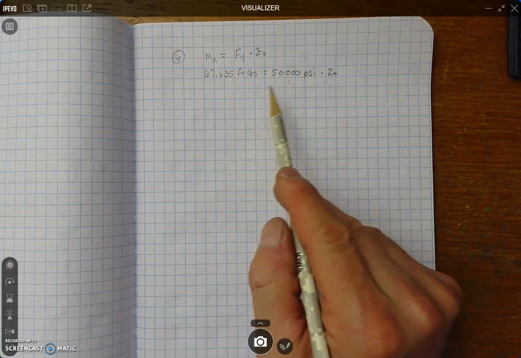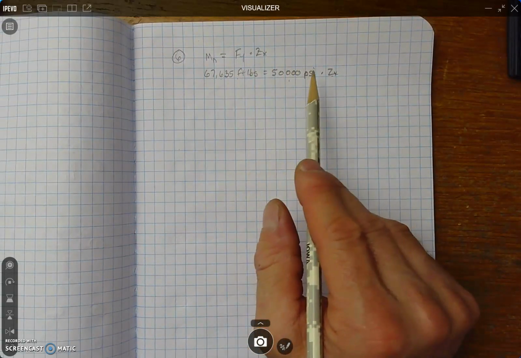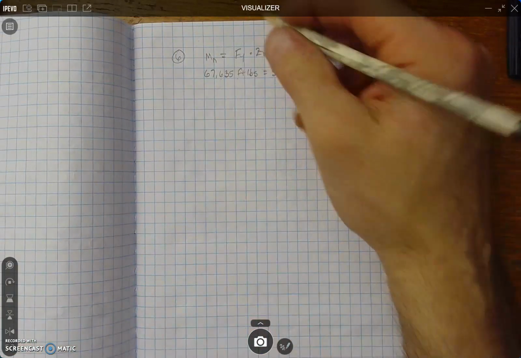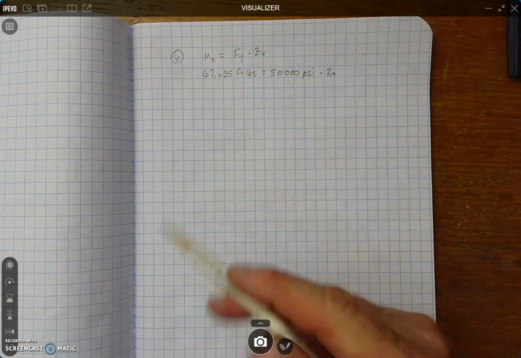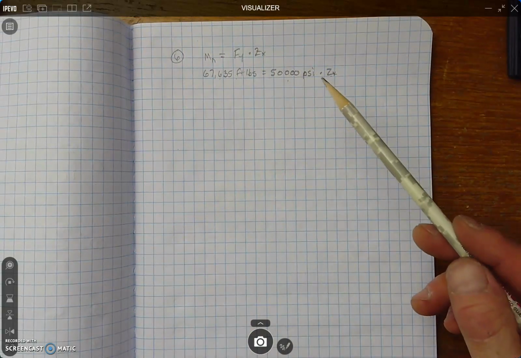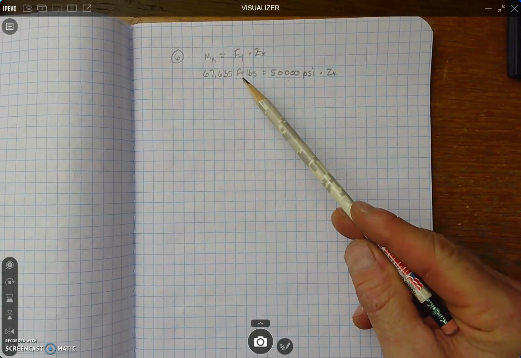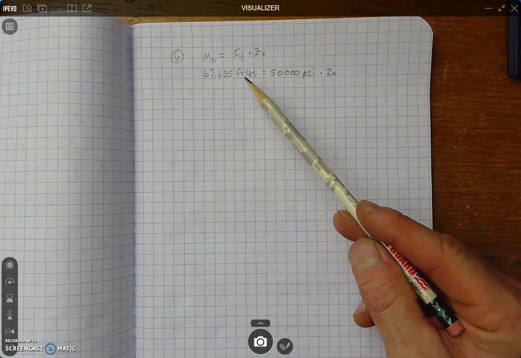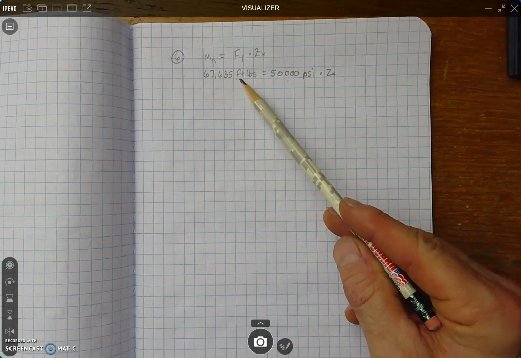However, psi and foot-pounds are not the same thing. And in this class, we've had equations, and then we cancel out different types of units and come up with a final unit. And that's what happens here as well. But in order to do that, we have to convert our foot-pounds into inches. So anyway, we have to multiply this by 12, okay?